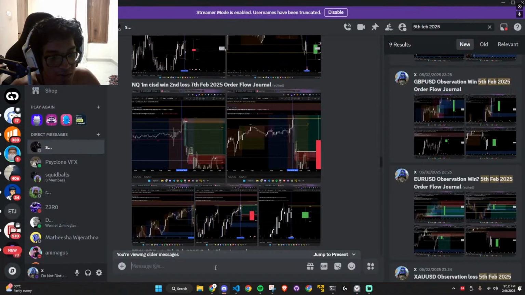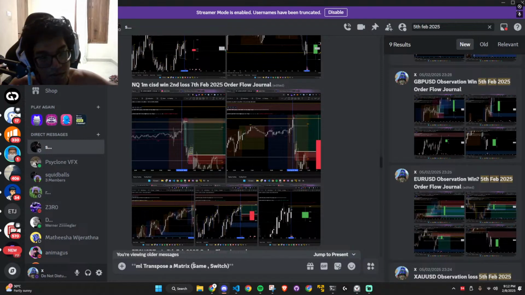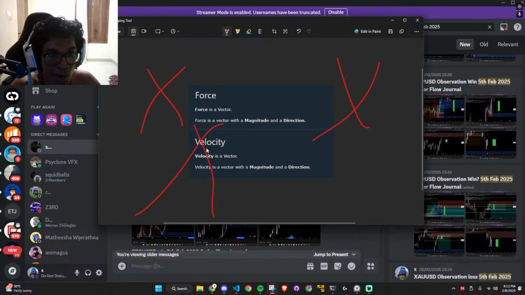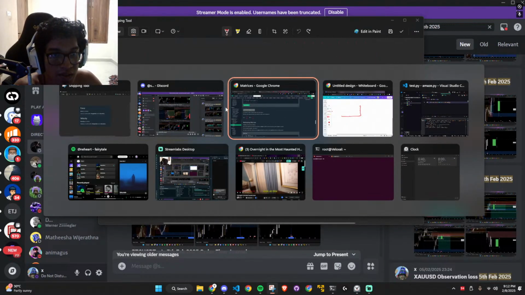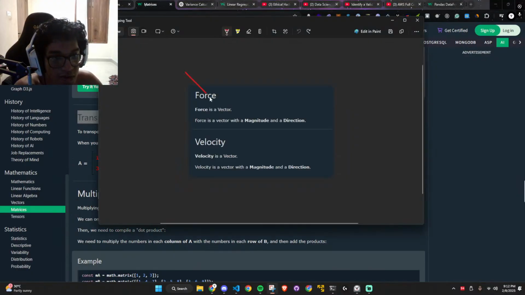That's why I'm a left-hander: the left side stays the same. Same switch, same switch. Easy.